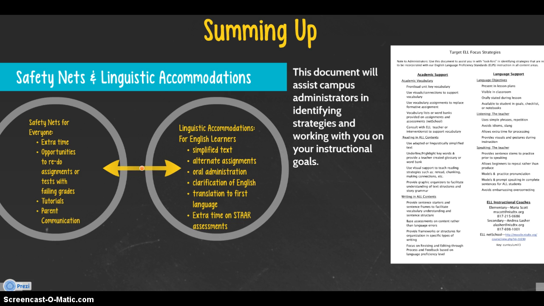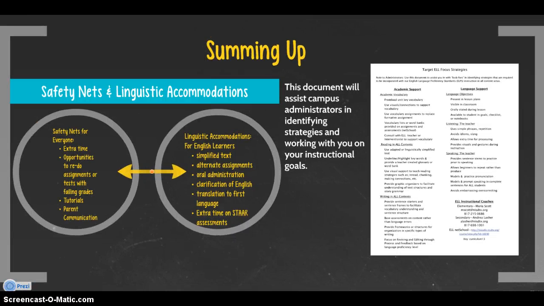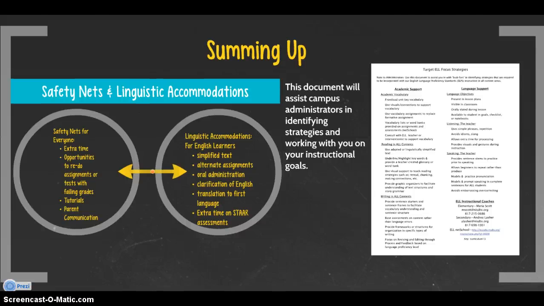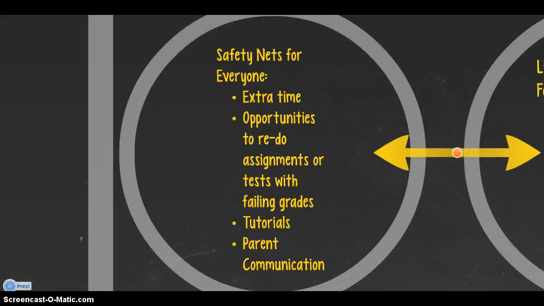So how will I know if I am appropriately accommodating for my ELL students? A comparison of safety nets and linguistic accommodations will show that safety nets are designed for all students. These include extra time, opportunities to redo assignments or tests with failing grades, tutorials, and parent communication.